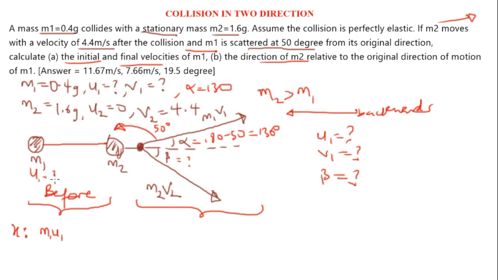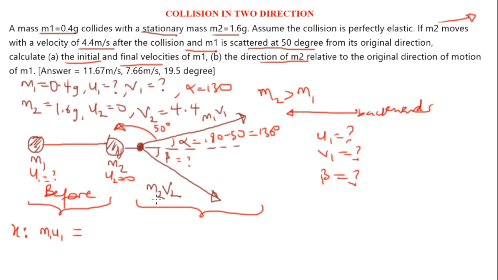We don't know u1, but we know u2. u2 is equal to 0, so plus m2 u2, but because u2 is 0, that term will become 0. So I don't need to write plus 0. I can just go ahead and say equal to.